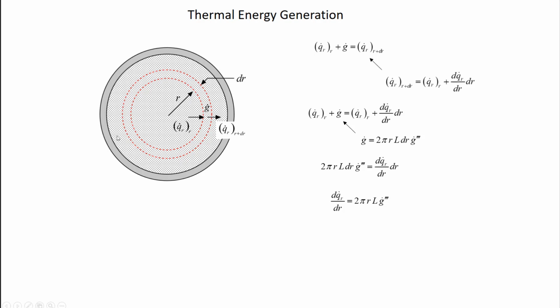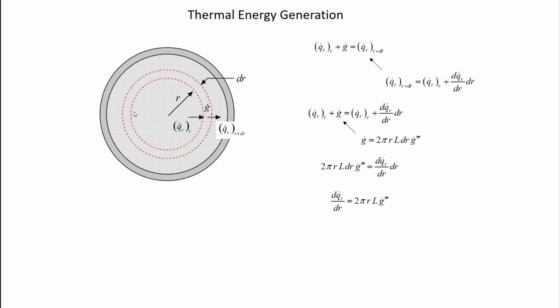So here's our shell. There's no temperature gradients in the circumferential direction, so it can extend all the way around the circumferential direction. And there's no temperature gradients into the page, so it can go as far as you want into the page. So we're going to do this on a per unit length basis. So L is length into the page.